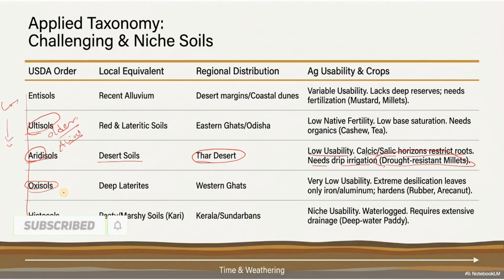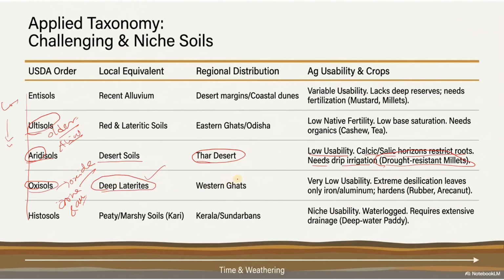Then come the Oxisols. As we all know, this is the most highly weathered soil. The name simply comes from the word oxide. These are highly weathered soils, rich in iron and aluminium, and these are deep laterite soils.